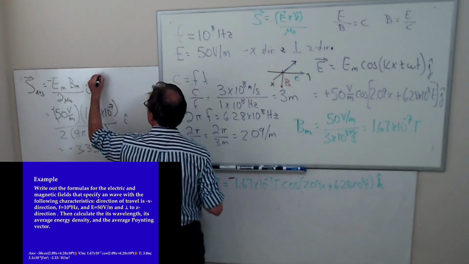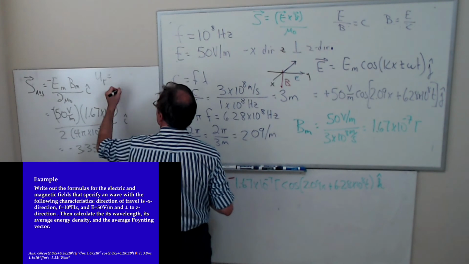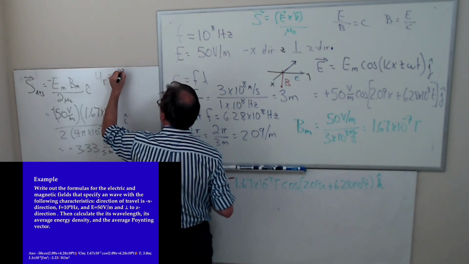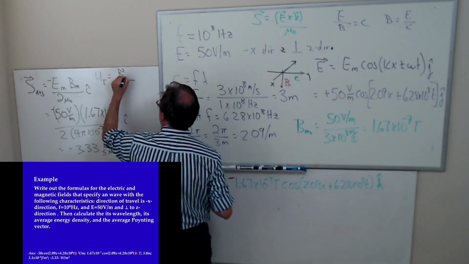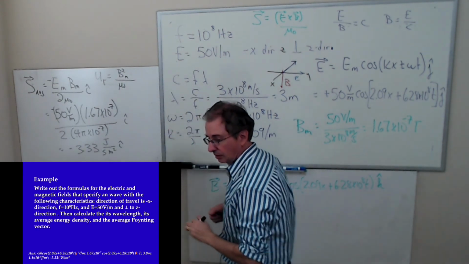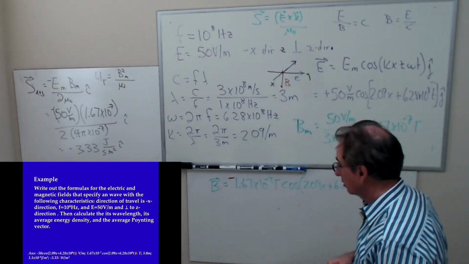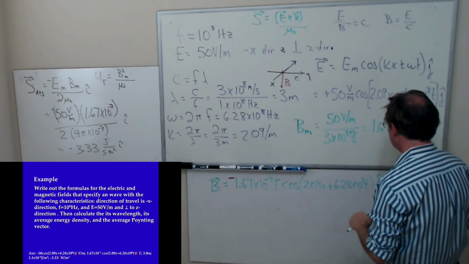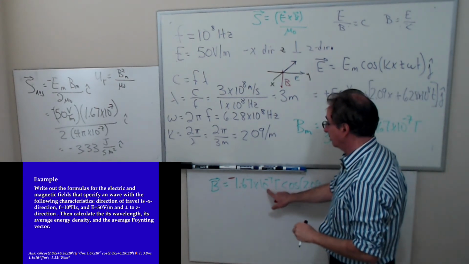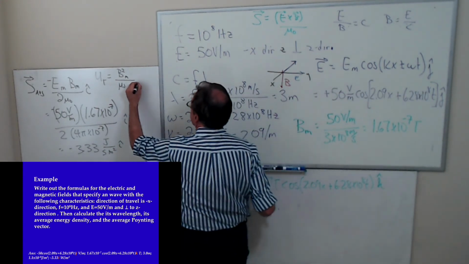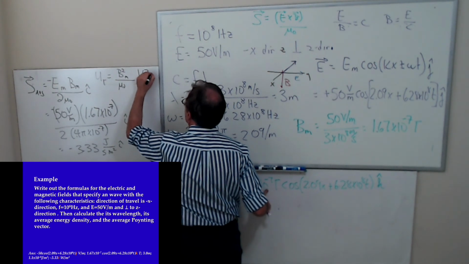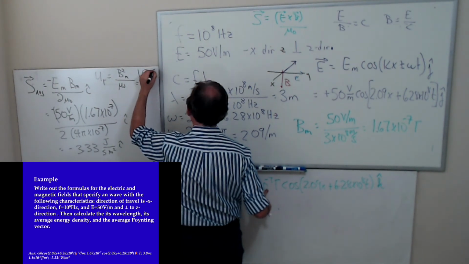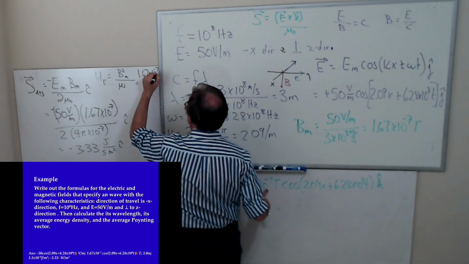And then I can also get u sub t. All I have to do is take B max squared over mu naught. So basically, I have to take this guy squared. Obviously, there are other ways to write it.